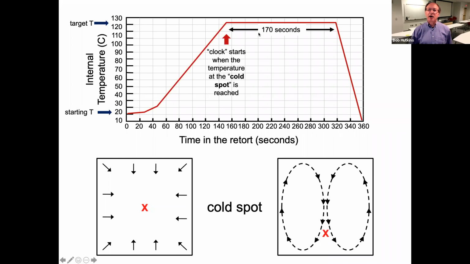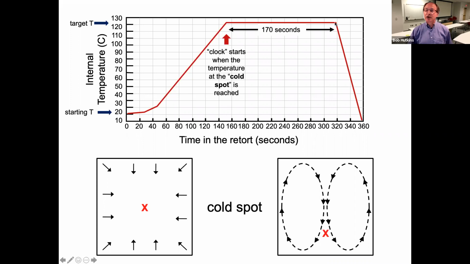And then we go 170 seconds, right? That's like the 2.52 minutes for a 12 log reduction. So we get all the way here, and now it's been at the target temperature for the right amount of time. Right here, we program the retort so it stops heating. In fact, we want to cool this as quickly as we can.